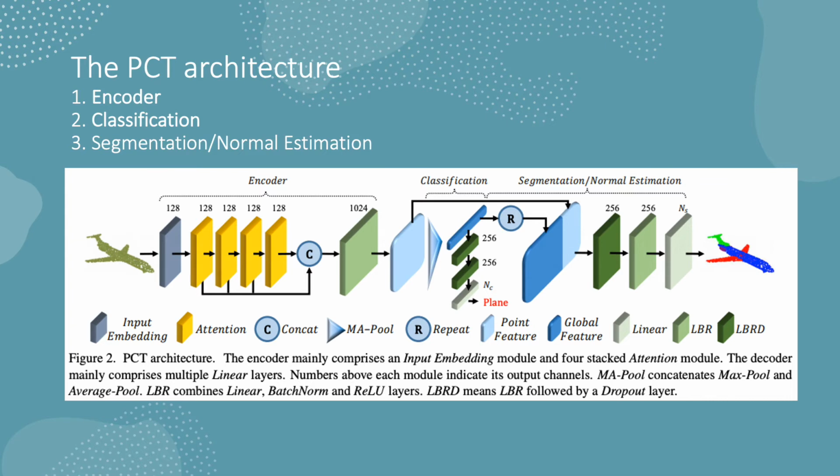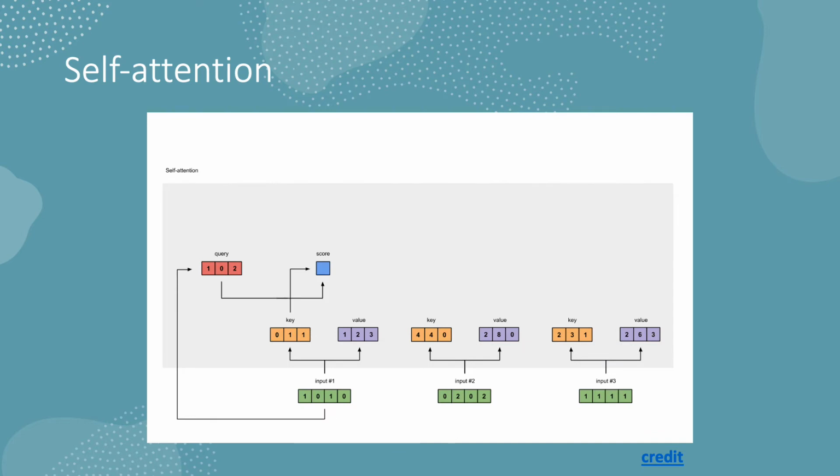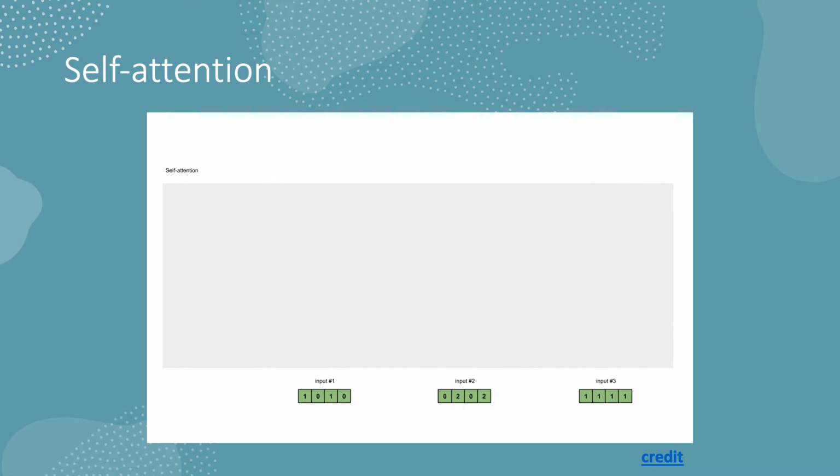At last, neighbor embedding captures the local neighborhood information, which is also essential in point cloud learning. Compared to the regular transformer, PCT uses a modified self-attention, known as offset attention.